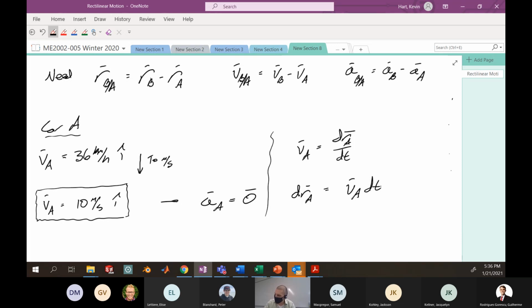Okay, I can integrate from initial position to final position of this particular object, and here, integrated over time.